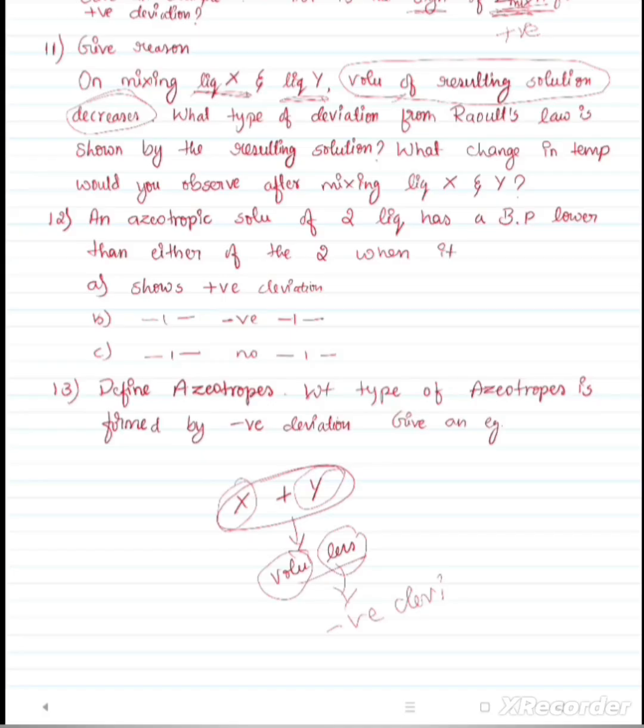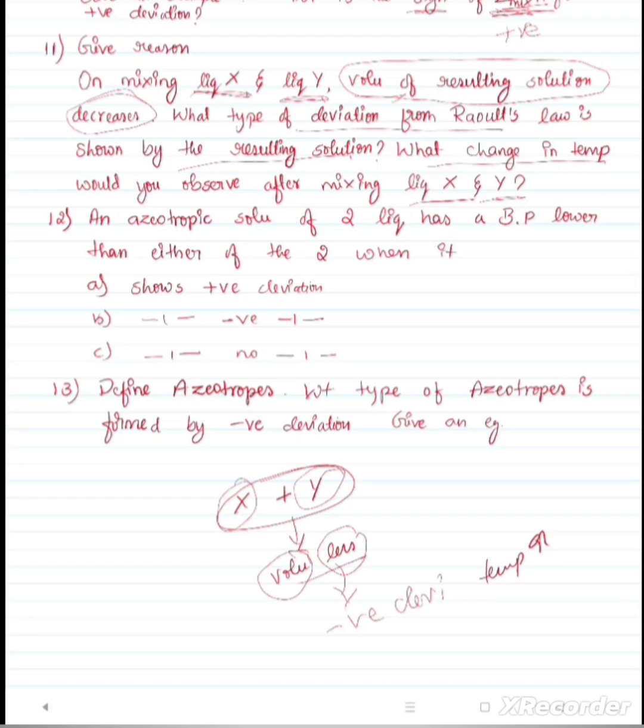You should write it will show negative deviation. So it is showing negative deviation means temperature will increase here. Okay. What change in temperature? Temperature will be more. Temperature will increase after mixing X and Y.